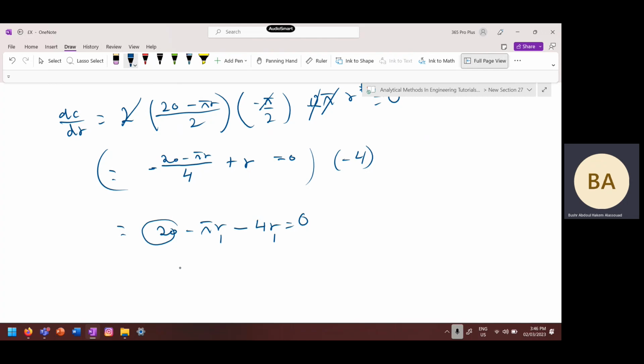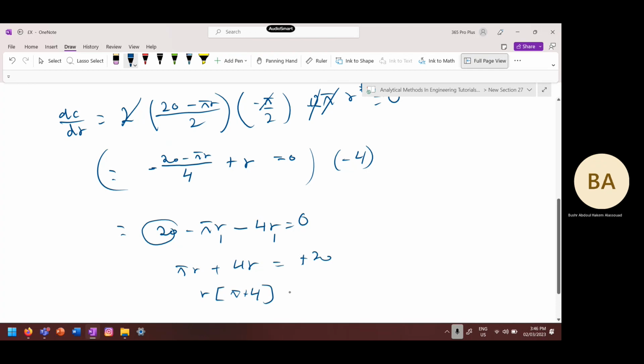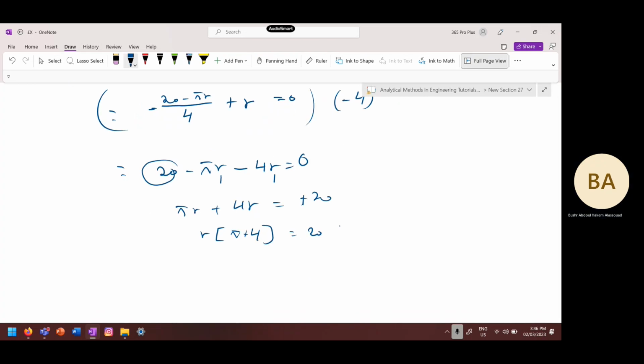You will have the following: pi r plus 4r equals 20. Take the r as a common factor and you'll get pi plus 4 times r equals 20. Then r is equal to 20 over pi plus 4.